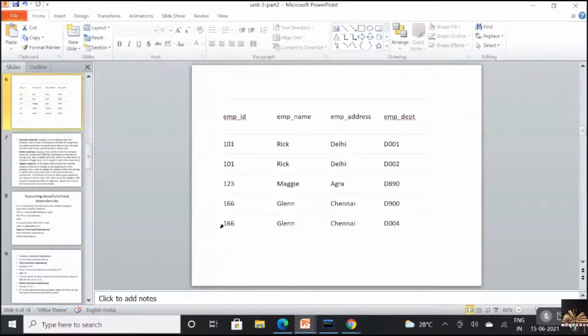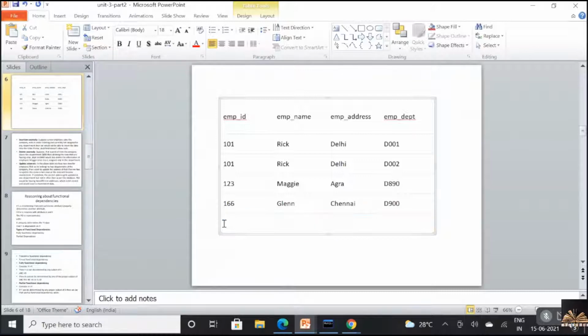Just try to understand this. I'm removing this particular column. I'm saying 201 is an employee, Suresh, HYD, and the department has to be null according to the company, because Suresh was not assigned any department. But according to the database, employee department cannot be null.